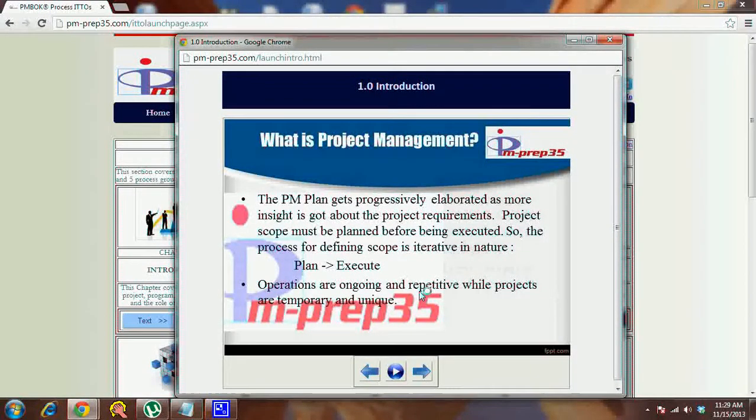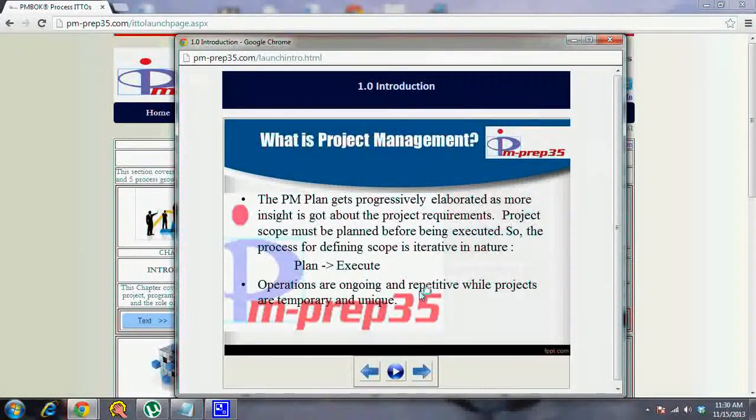So operations are ongoing and repetitive, while projects are temporary and unique. When you first go in for a project and you create a service, product or result from the project, the approach that you follow is unique, but then the result, the product or the service, is something you can really relate to. In case of a service, the service is the same, it does the same thing on a day-to-day basis.